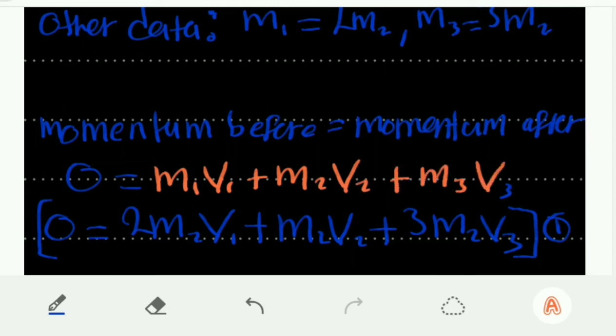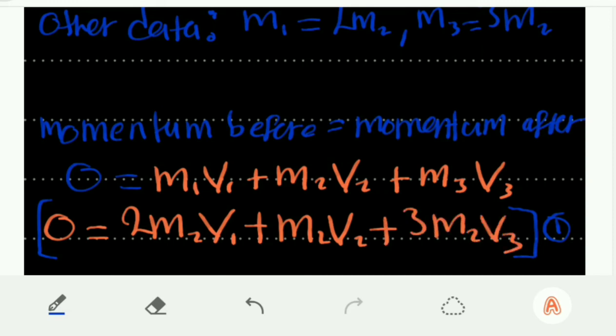Therefore we have 0 equals 2 m2 v1 plus m2 v2 plus 3 m2 v3. So this is our equation 1. That is the momentum of the system.